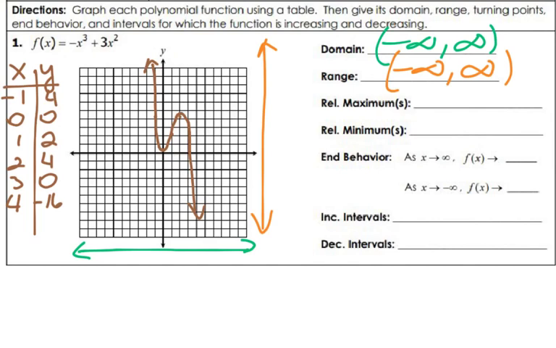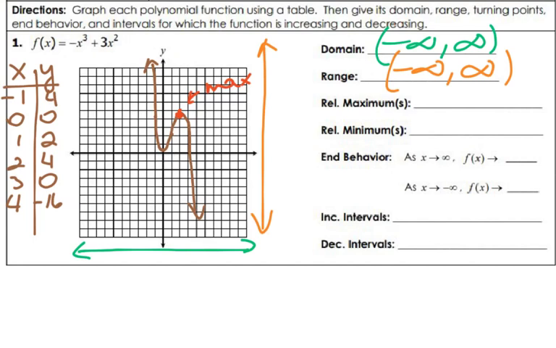Now let's find the relative maximum. The relative maximum is going to be right here, this point right there. So this is your maximum. It's called relative because it's not absolute. The relative maximum happened to be, I think, the highest point when you look at the table.